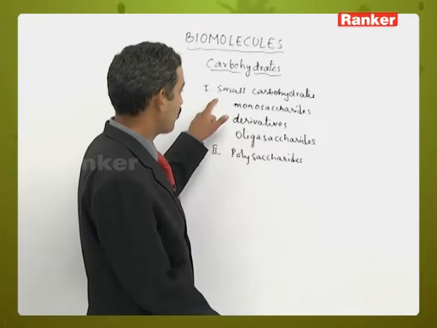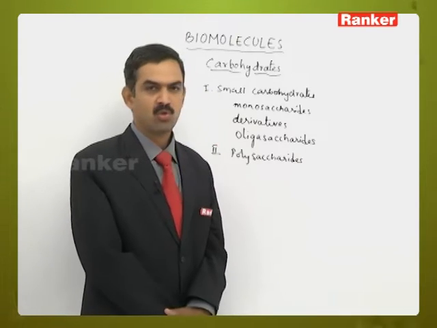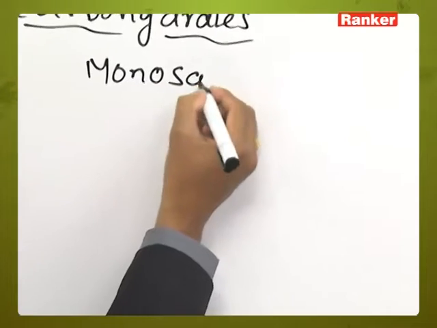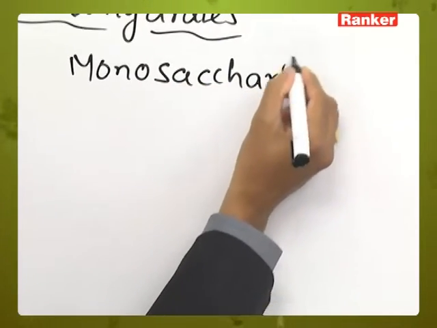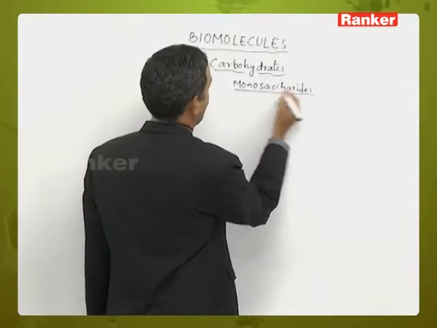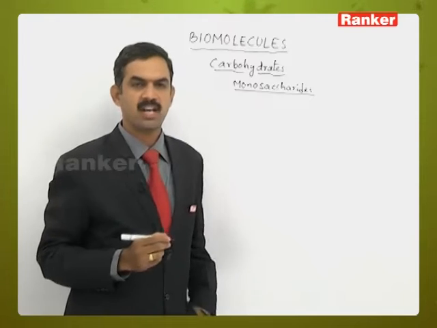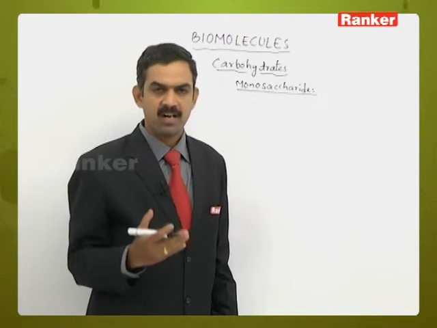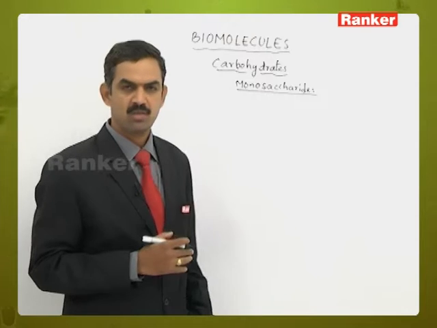In the small carbohydrates, let's start with the first one, the monosaccharides. Monosaccharides are the carbohydrates which cannot be further divided into individual units.